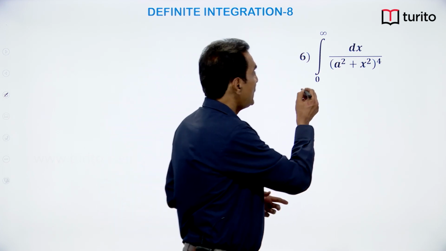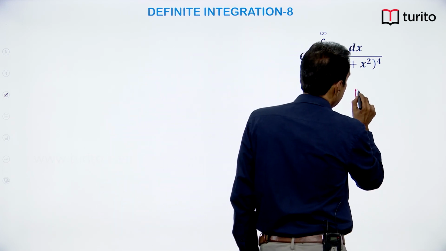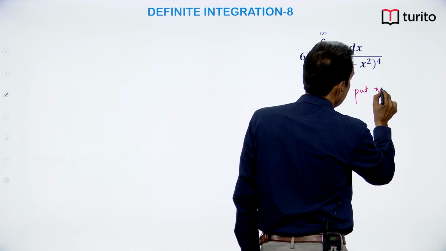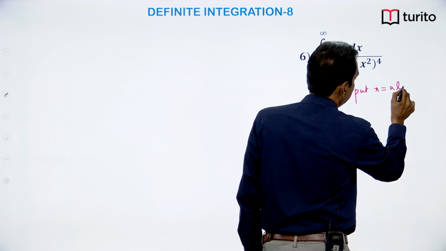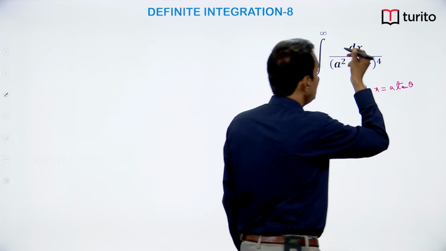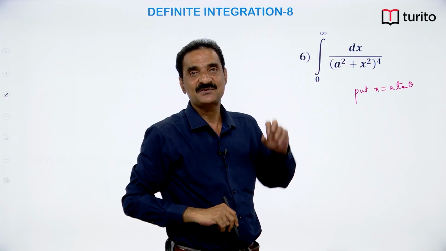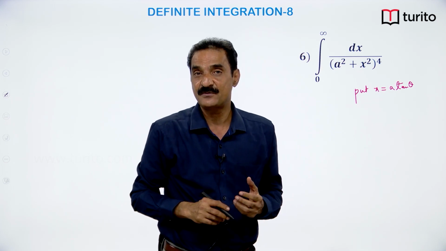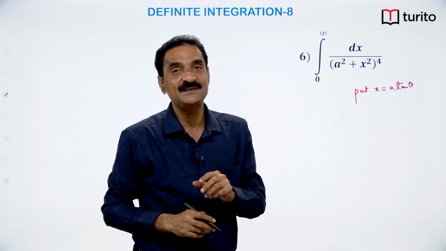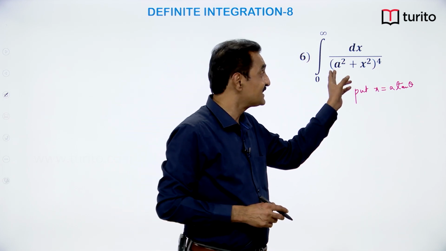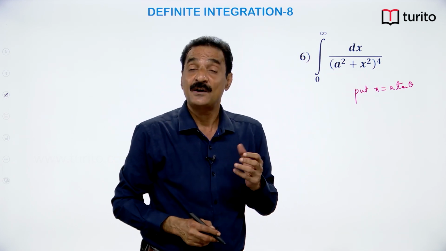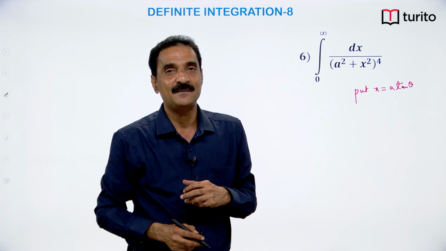Okay. So, I am putting x is equal to a tan theta, and similarly, if the function contains a square minus x square terms, what is the standard substitution we have discussed? x is equal to a sin theta. If it contains x square minus a square, we have to substitute x is equal to a secant theta.